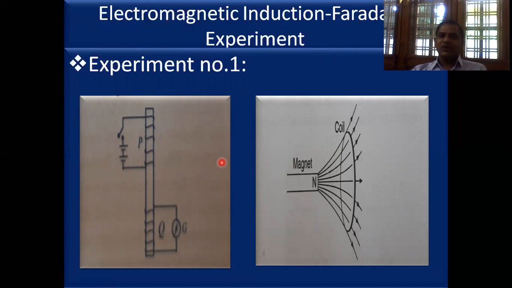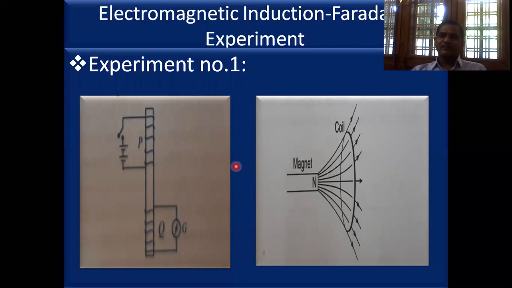Therefore, when the current is flowing through the conductor, the magnetic field is forming around the conductor. The quantitative analysis was given by Ampere, right? That is, after the observation of Oersted's experiment, the quantitative analysis, that is the magnitude of magnetic field strength, was explained by Ampere.